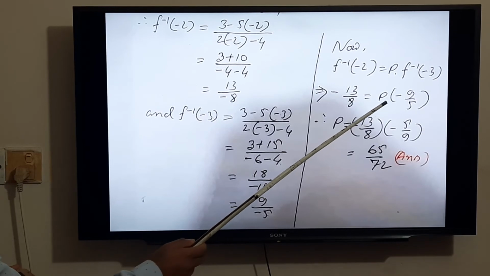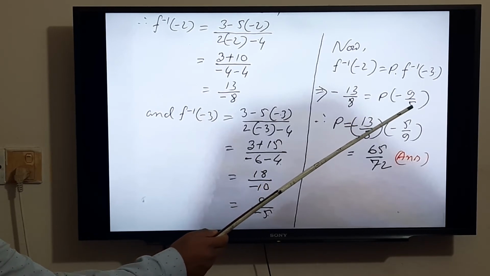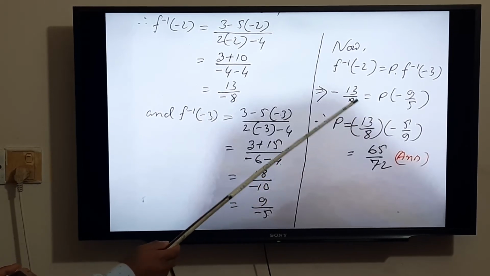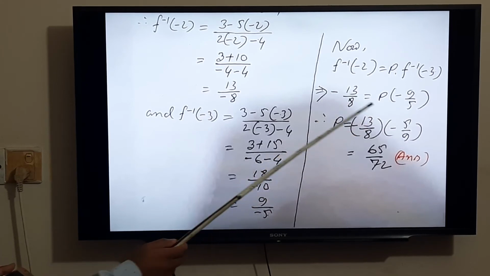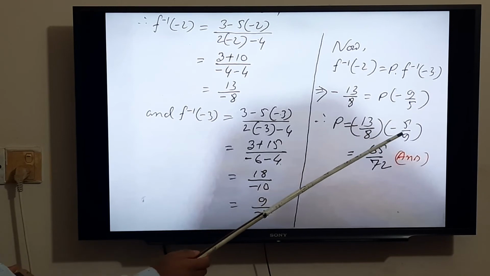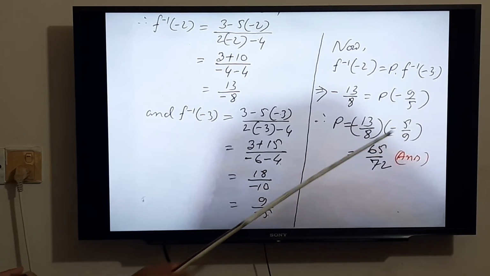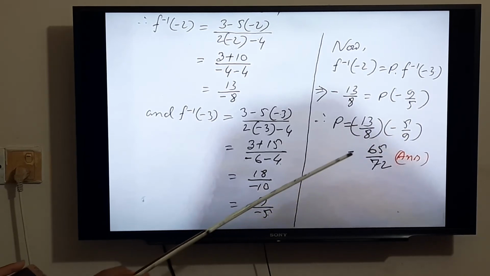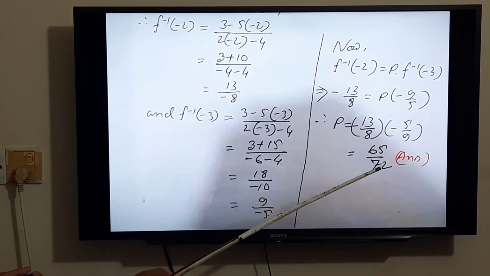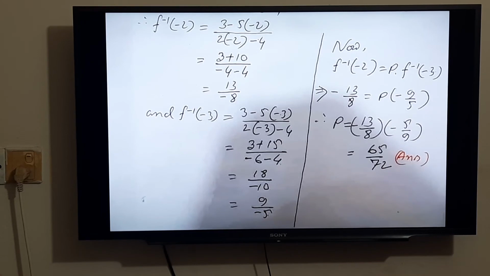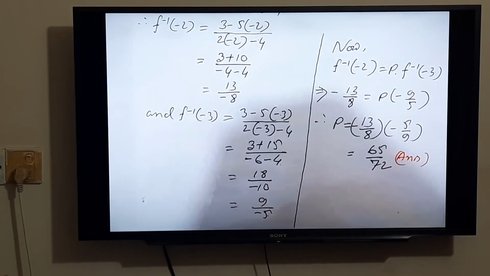Then for the value of P, this is converted to the left hand side. Minus 9 by 5 will be 5 divided by 9. Okay, by the side change, it will be 65 divided by 72 is our answer. This is the complete solution of this question.